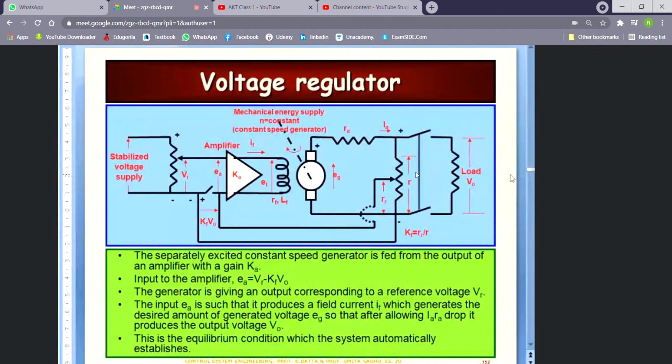Right. So first of all, I'll just describe what is there within the system, and then we will go into the analysis, meaning that we will ultimately derive the model for the system in the form of a block representation, block diagram, as well as the transfer function.